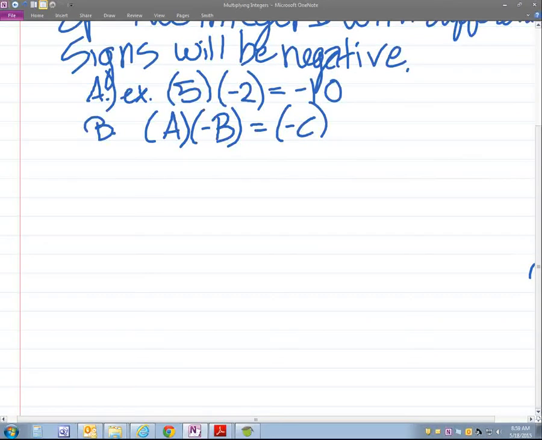Actually, let me do the other rule. Then I'll say the easiest way to tell if it's going to be positive or negative.